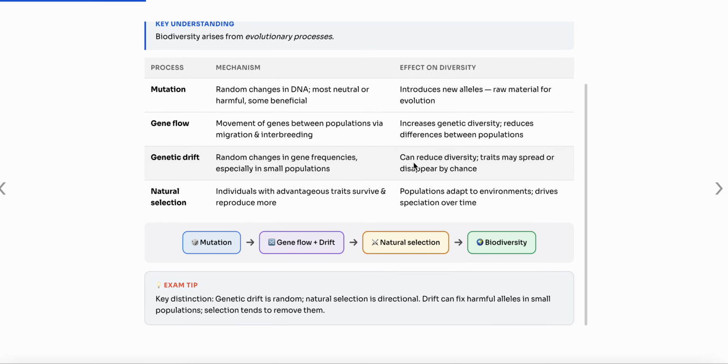Now what is mutation? Mutation is a random change in DNA, mostly neutral or harmful, but some are beneficial also. And that mutation, which is the change in the genetic sequence, results in the creation of new alleles. Alleles are the forms of a gene, right?